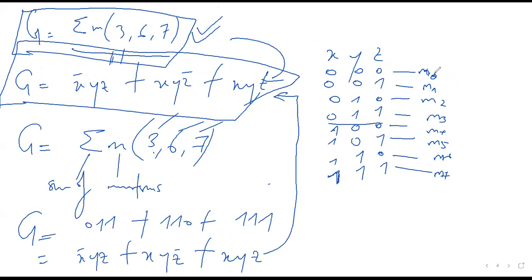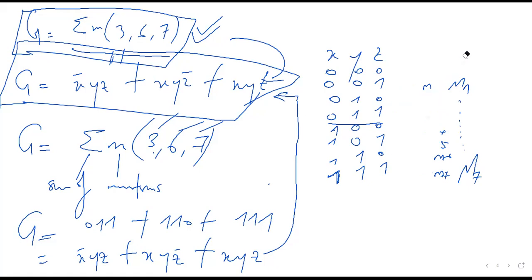So this is my M0, M1, up to M7. When I have a function like this, my function is G.